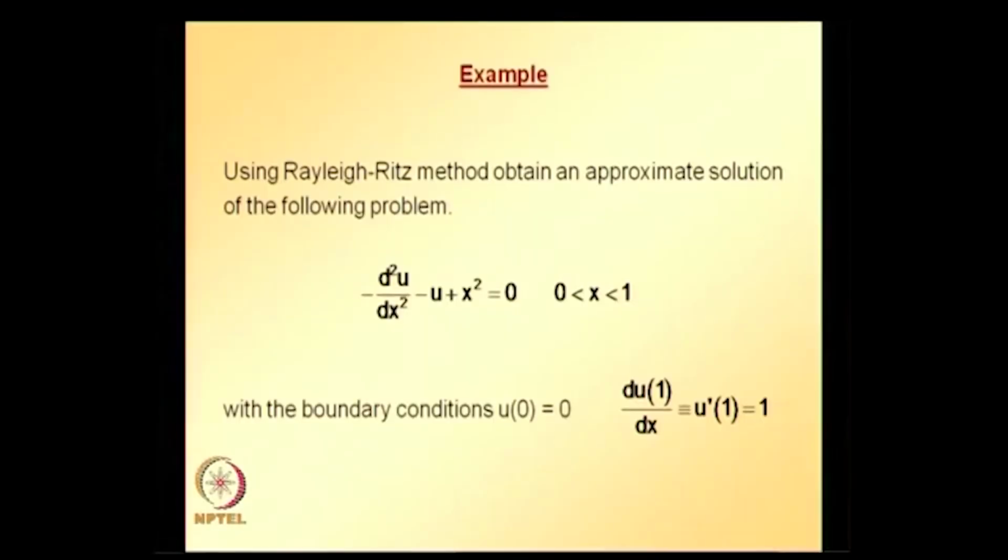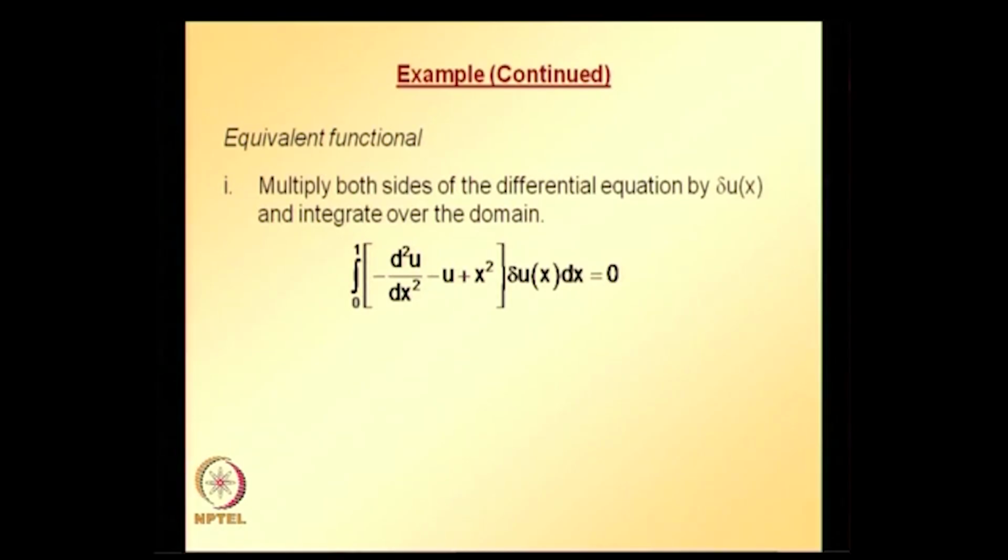Okay. So let us start with solving this problem using the variational method or Rayleigh-Ritz method to obtain the equivalent functional. The first step is that the given differential equation we need to multiply with the variation of the quantity that we are looking for and integrate over the problem domain.